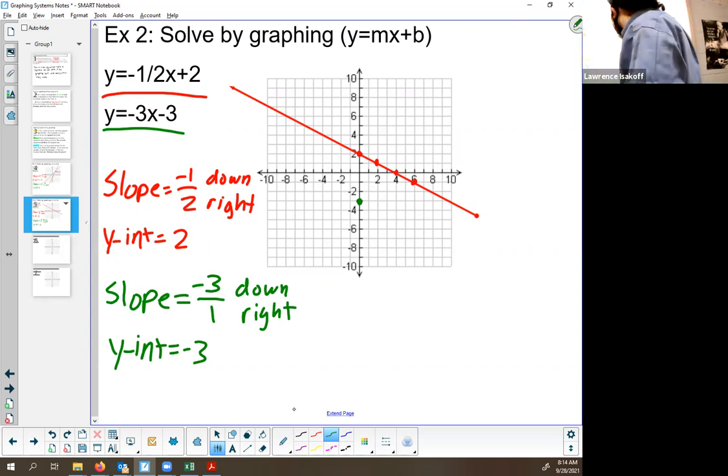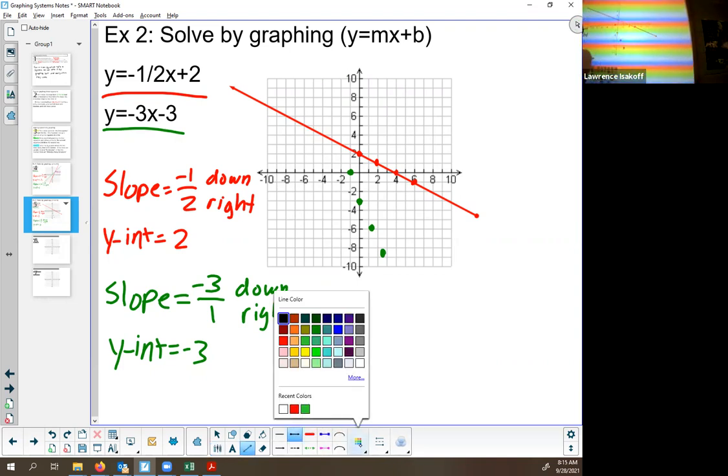Then I'm going down 1, 2, 3 over 1. I can reverse that. Instead of going down and to the right, I could go up and to the left if I wish. 1, 2, 3. Like so. Going to do one more. 1, 2, 3. So I'm trying to add a few more points to make my graphing more accurate here.